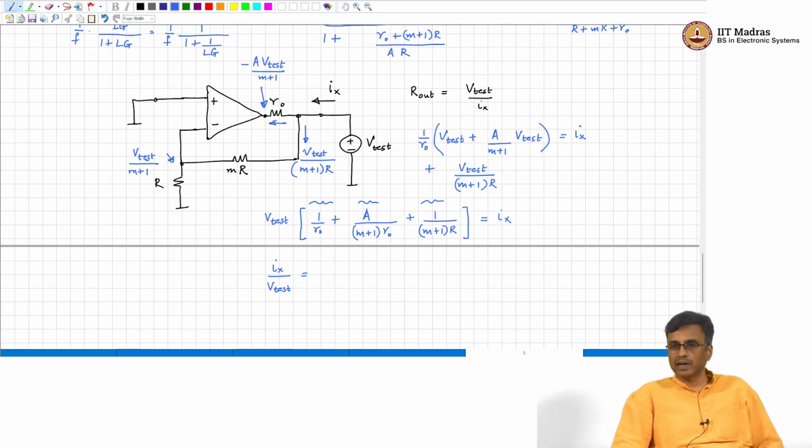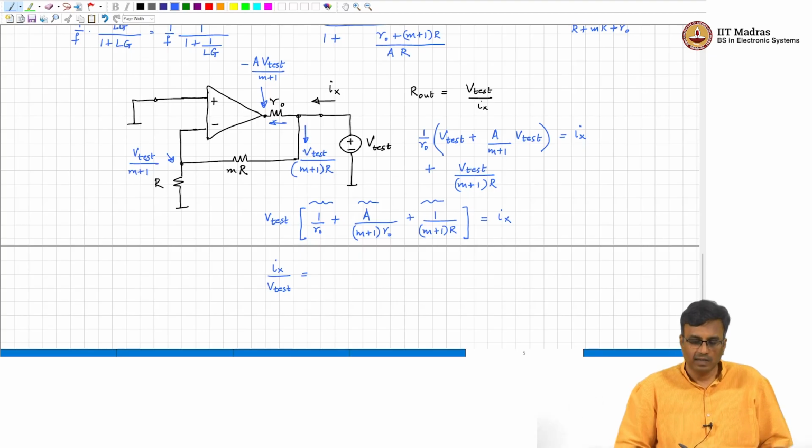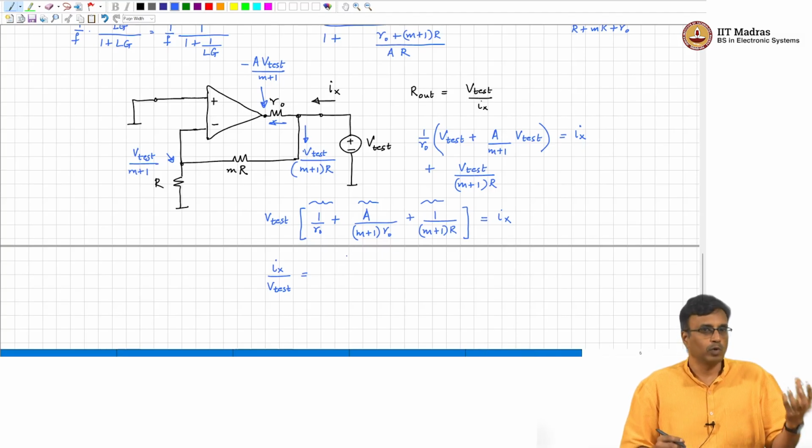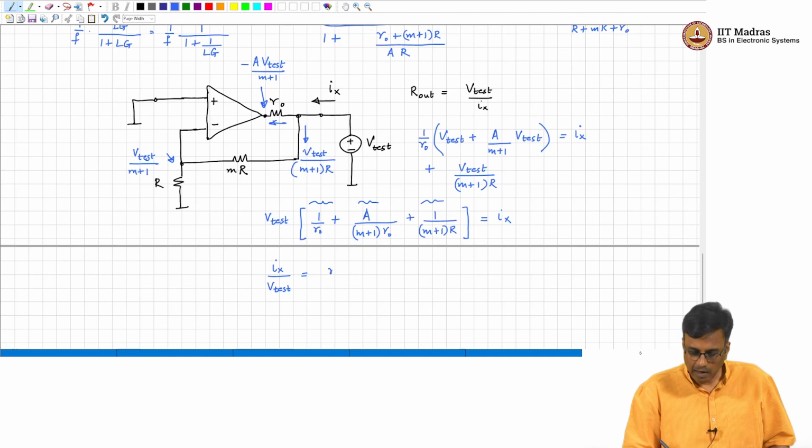If you want to draw a circuit diagram to represent this, what will you do? 3 resistors in parallel, and what are the resistors? R naught in parallel with m plus 1 times R, in parallel with m plus 1 times R naught by A.